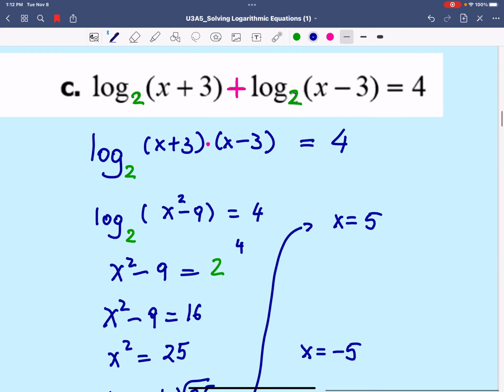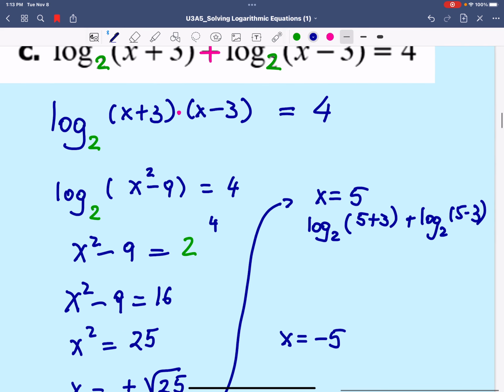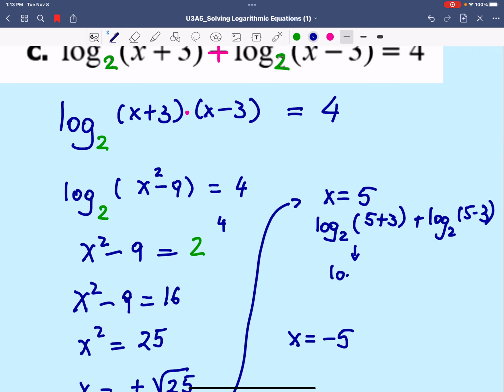So we will have to check and see which solution works. So remember that if x equals 5, then we will have log with base 2 of 5 plus 3 plus log with base 2 of 5 minus 3. So in this case, this log here would exist. It's log with base 2 of 8, and the other one would be log with base 2 of 2. So the expression inside the log is positive, which tells us that x equals 5 is an acceptable solution.